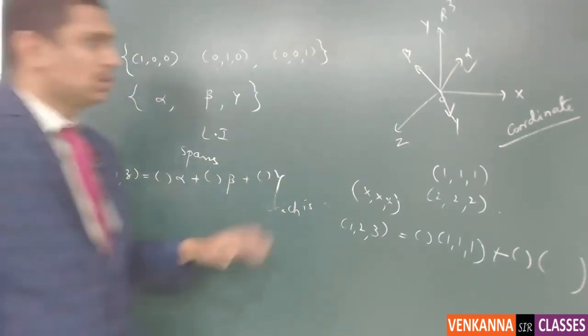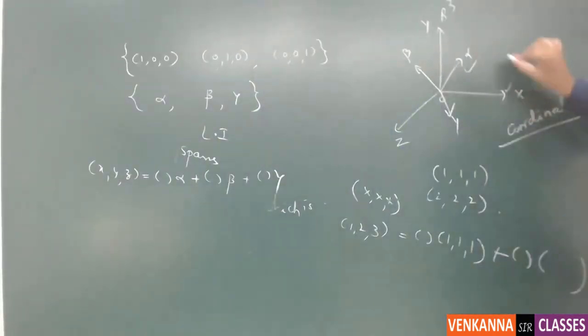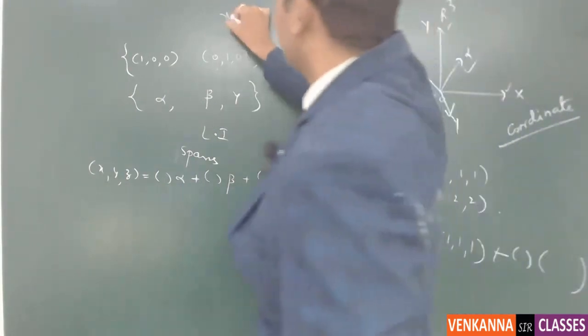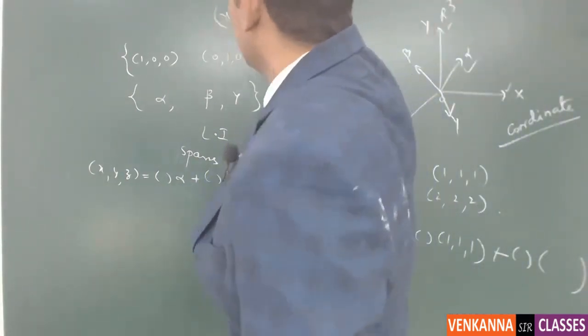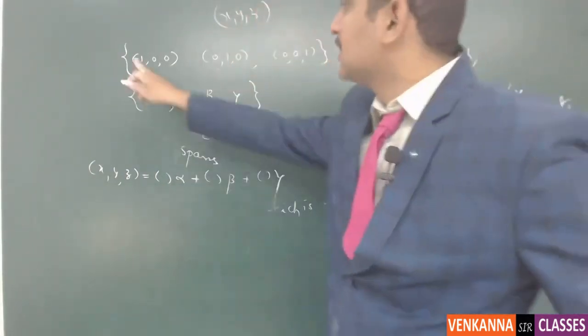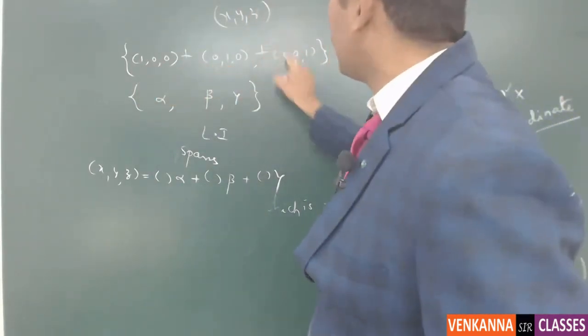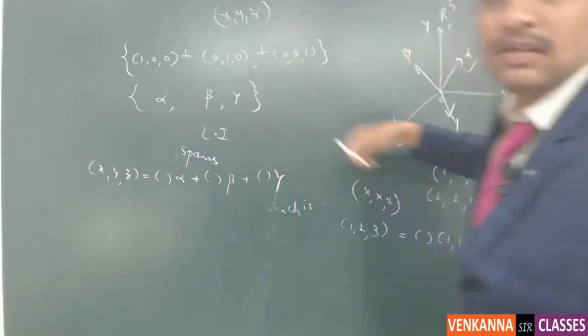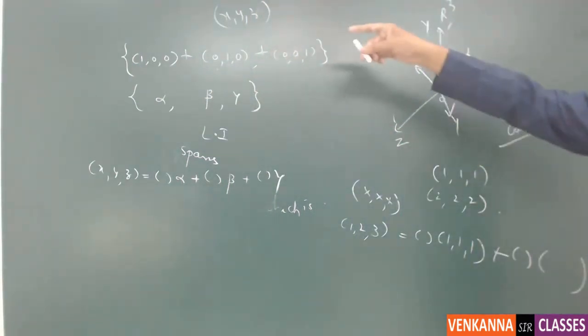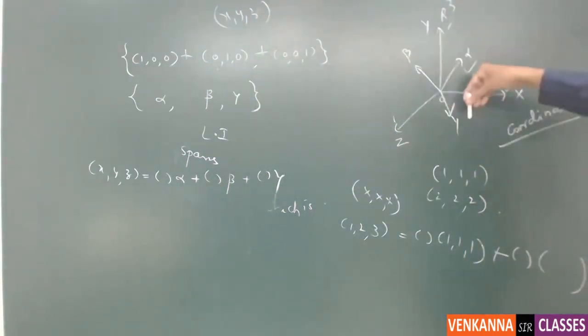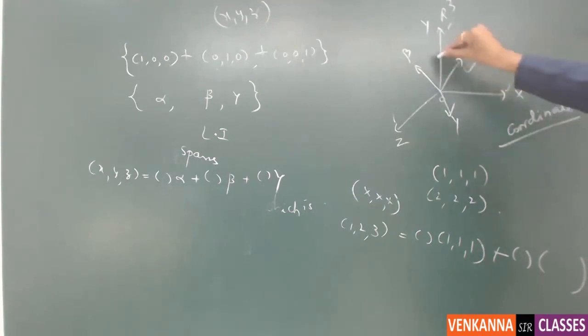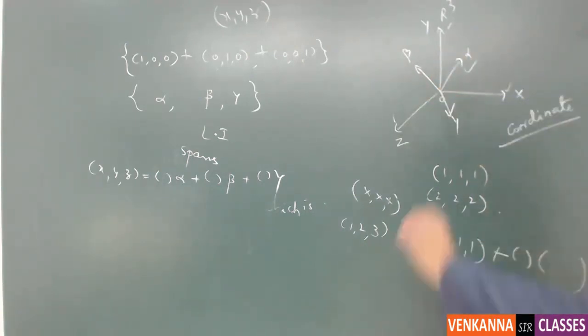Here also, if you take our regular axes, x-axis, y-axis, z-axis, whatever point (x, y, z) you take in R cube, you represent it as some number times (1, 0, 0) plus some number times (0, 1, 0) plus some number times (0, 0, 1). Because the coordinates x, y, z are nothing but the perpendicular values on the axes. You do the same thing with alpha, beta, gamma.